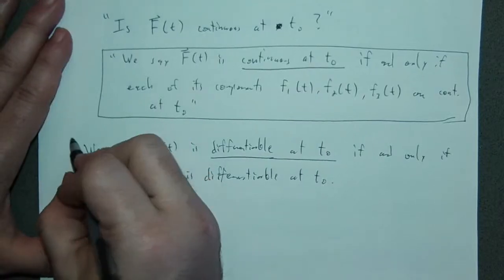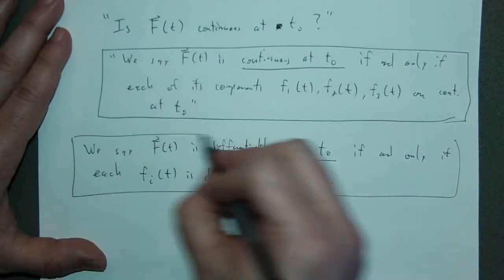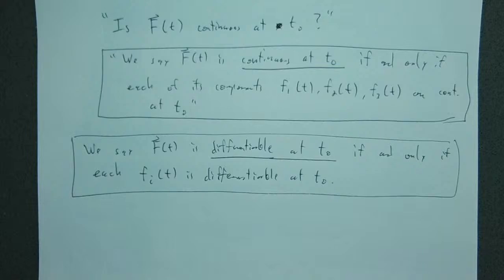Okay. So this is what I meant when I said any property that we're interested in a vector valued function having, or being able to describe whether or not it has it, we just look at the components and we say that it has this property if all of the components do.